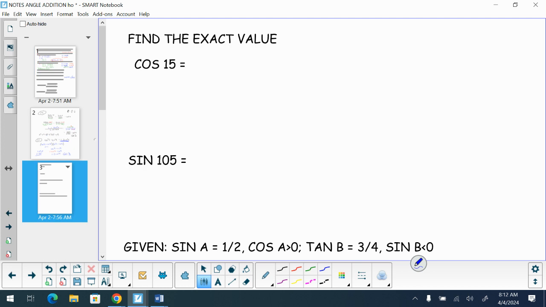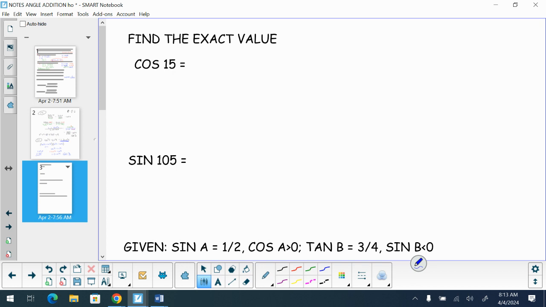Okay, find the exact value. Now I know you can click it in your calculator, cosine of 15 degrees, and boom, hit enter and get an answer. But that's not an exact value, that's a decimal approximation. We want to find the exact value for the cosine of 15 degrees. Well, we do not have a 15-75 triangle that we can draw up here and have a relationship between the sides, like we did with the 30-60 and the 45-45.